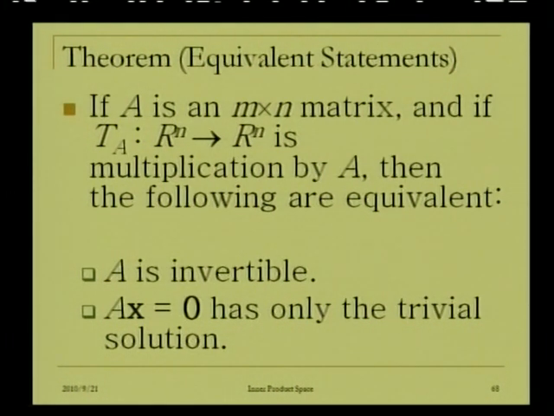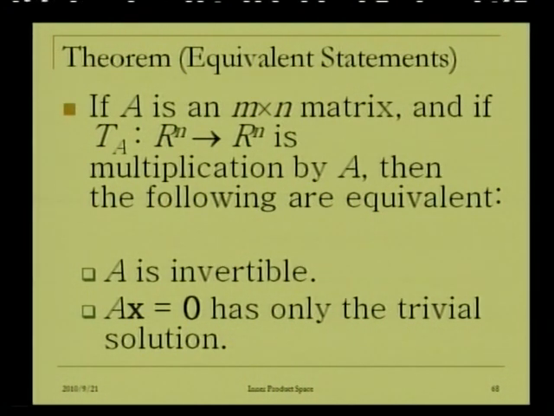So, if A is an m by n matrix and if TA from Rn to Rn is multiplication by A, here in particular let us take a square matrix, an n by n matrix A with order n. Then TA is a linear transformation from Rn to Rn defined by multiplication by A. Then the following are equivalent.